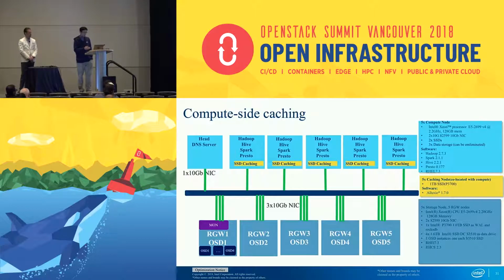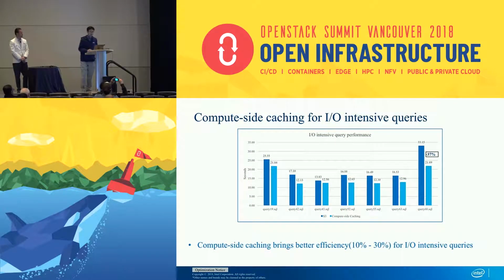So we did small tests with Alluxio, which is acting as a caching tier, but it's co-located on the compute nodes. We then found, we actually picked several I/O-intensive queries from those 54 queries of TPC-DS, and we found that with those I/O-intensive queries, some queries like query 68, the query time reduction is 37%.